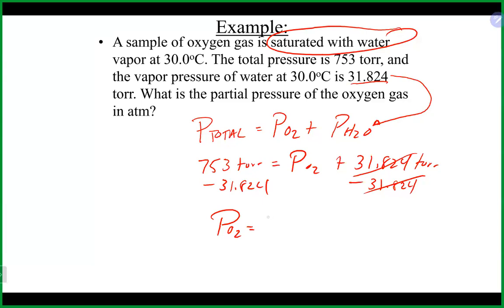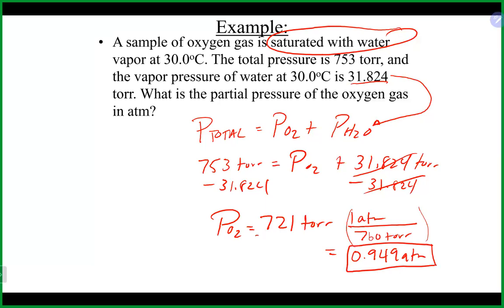That's going to give us something like 721 torr. And we do want it in atmospheres, which means 760 torr is an atmosphere, right? If we divide by 760, that gets us 0.949, it looks like.